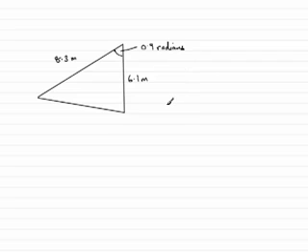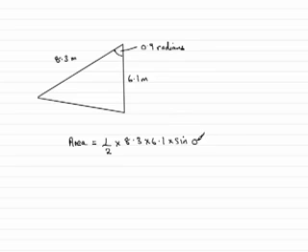So if we've got to work out the area of this triangle, the area is equal to half the product of the two sides, so we've got 8.3 times 6.1, multiplied by the sine of the included angle, which is the 0.9 radians.